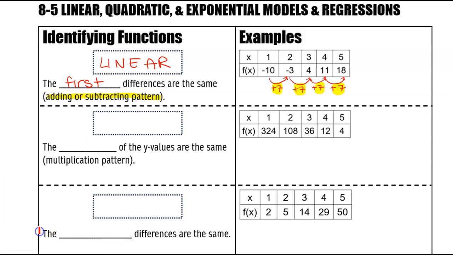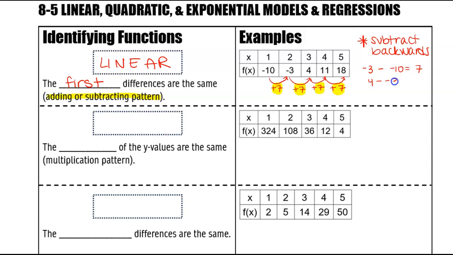If you're not sure what the pattern is, you can always subtract backwards. So if you have some trickier numbers, if I'm not sure how to go from -10 to -3, I could do -3 minus -10, and that will also give me that pattern. So adding 7, and I could do that between every single one.